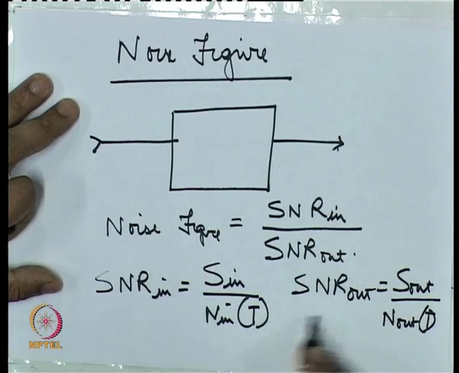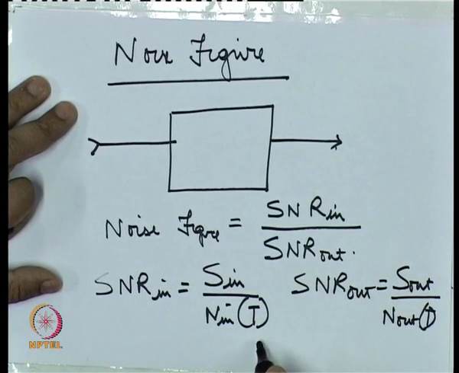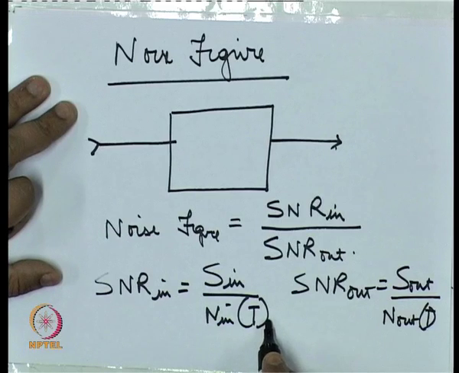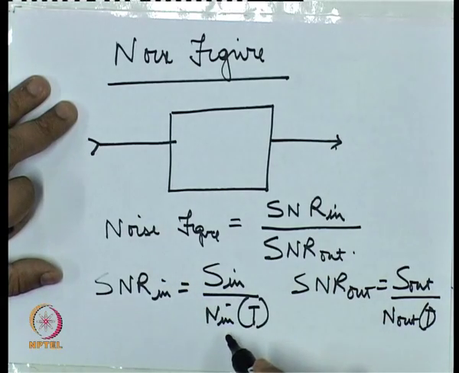Now this T is just to signify that noise is associated with heat or the temperature, and it's a function of temperature. So without changing anything in this circuit, if you change the temperature, the N in and N out will change, and therefore the SNR values will also change.